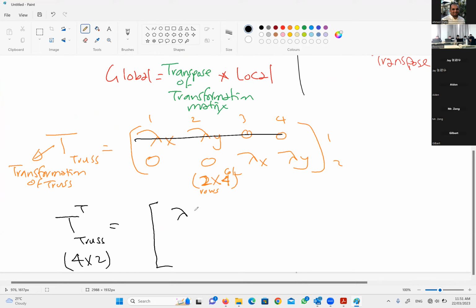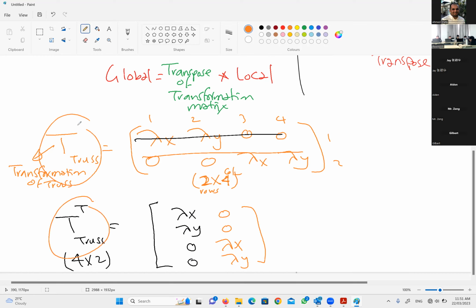So it will be lambda x, lambda y, 0, 0. The second column will be 0, 0, lambda x, lambda y. So this is how to get the transpose. The row becomes column and the column becomes row. Okay. So this is the transpose and this is the transformation matrix itself.